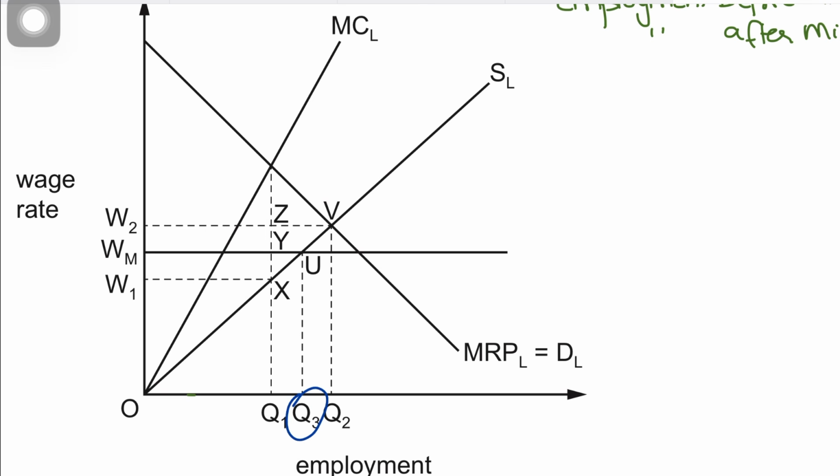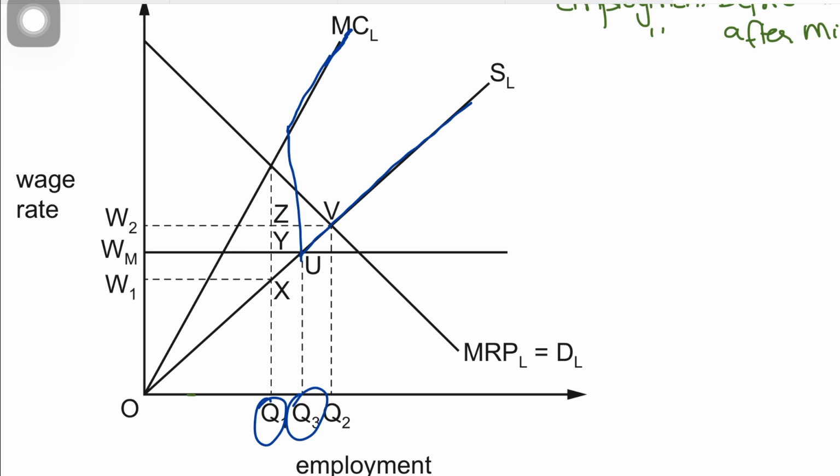The firm would need to raise wages again to attract more workers, so the labor supply curve is upward sloping, and the MCL curve is upward sloping as well. It rises sharply again, right? So employment expands, guys, from Q1 to Q3.